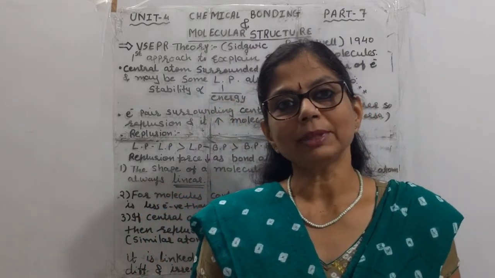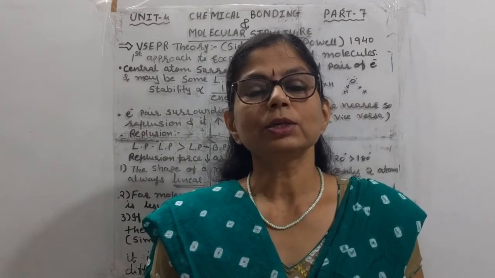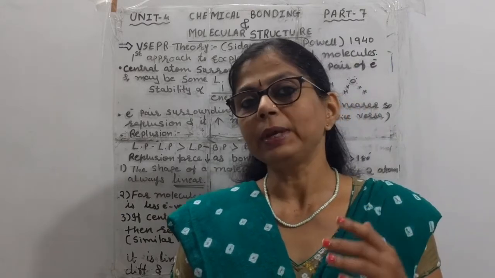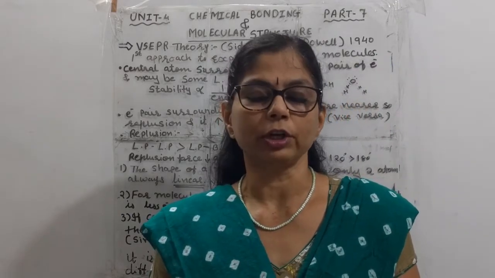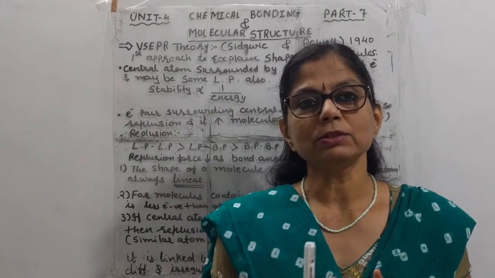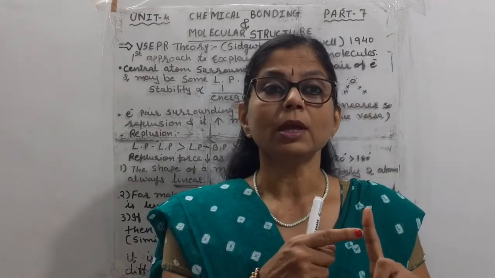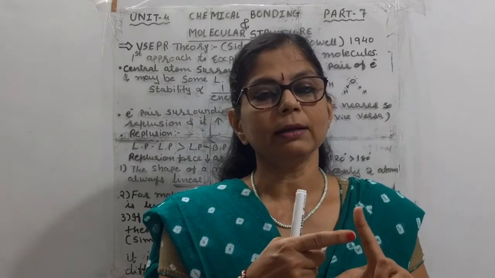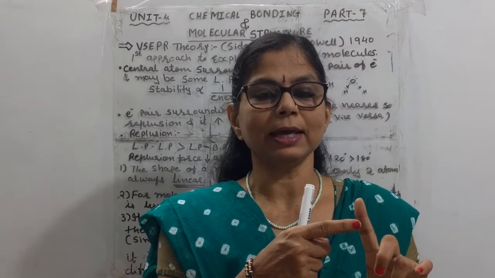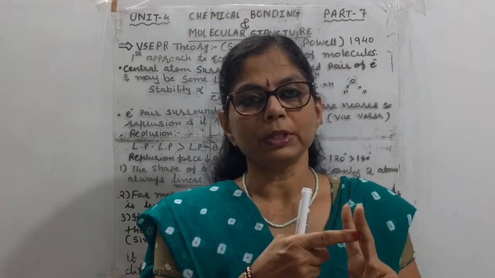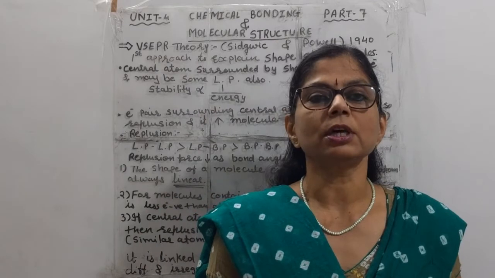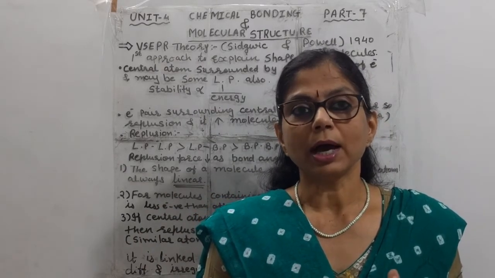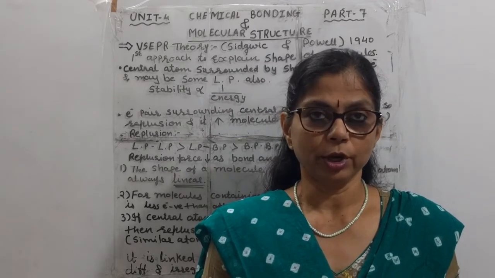To overcome that drawback, Sidgwick and Powell gave the VSEPR theory in 1940. VSEPR means Valence Shell Electron Pair Repulsion theory, and it was the first approach by Sidgwick and Powell to give an idea about the shape of the molecule.